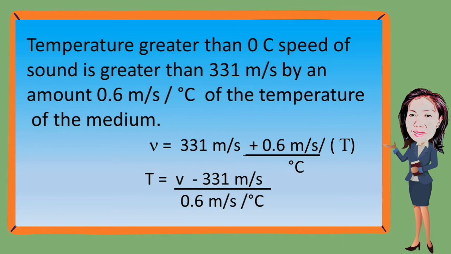So, our basis here is that by knowing the temperature of a certain environment or medium, we can now compute the speed of sound. Okay. So, for a temperature greater than 0, for example 1 above, the speed is greater than 331 meter per second by an amount of 0.6 meter per second per degree Celsius of the temperature of the medium.